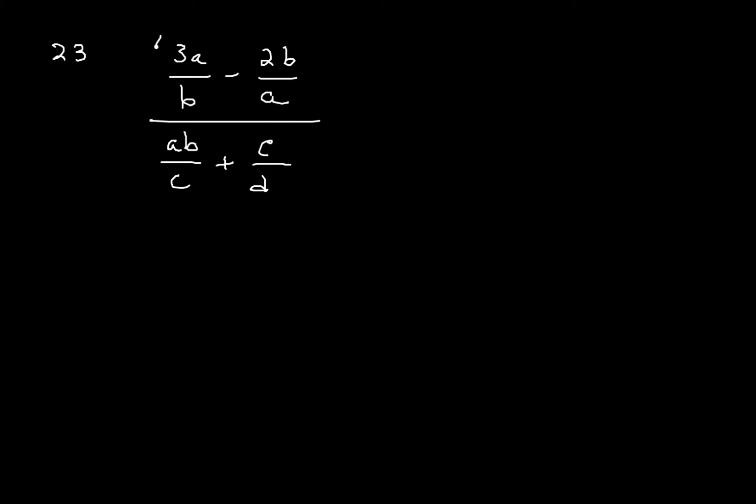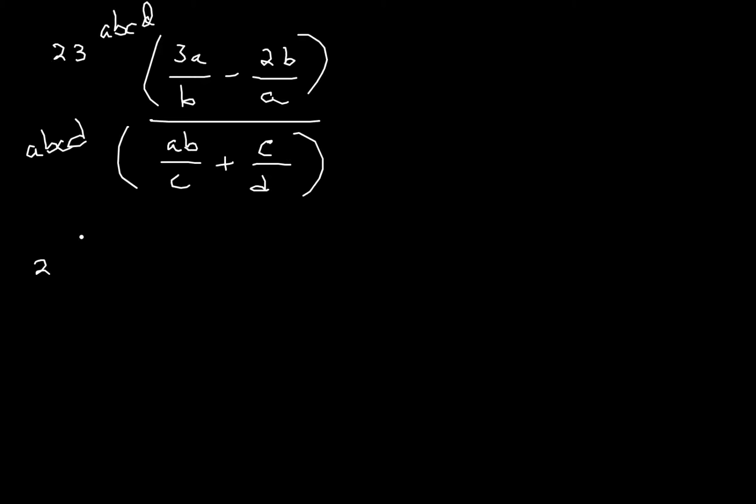This is where you're going to just multiply everything by the common denominator, which would be abcd. So the b's would cross out, and I'm not going to finish that one because I think you can do that one. If you have trouble on that, let me know. All right, 25. Divide. We did those in class. I'm not going to do another one. The book does a pretty good job at showing that.